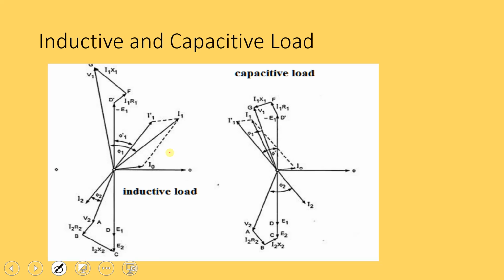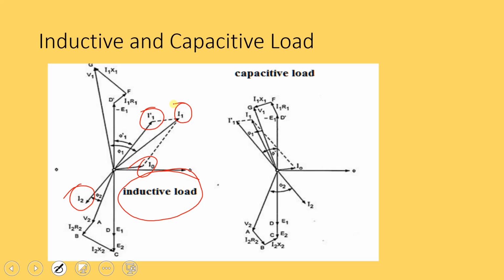So for an inductive load, the current I2 lags behind the voltage by an angle phi 2, and its opposite current is I1 dash. I0 is our no load current, and by completing the parallelogram we find I1.